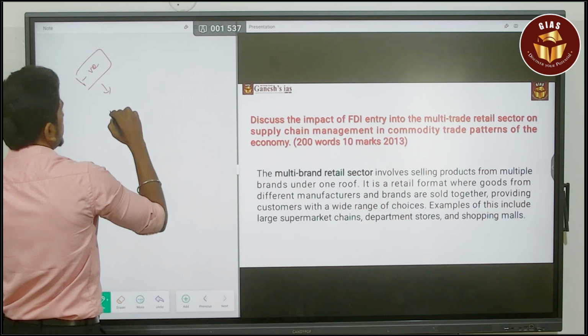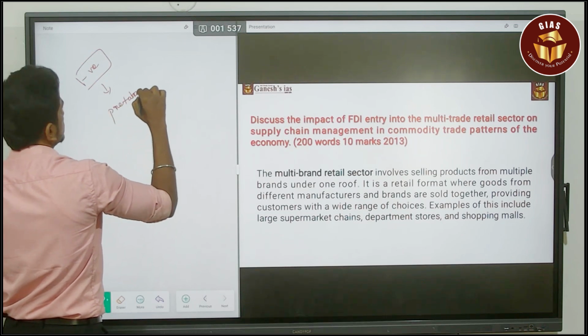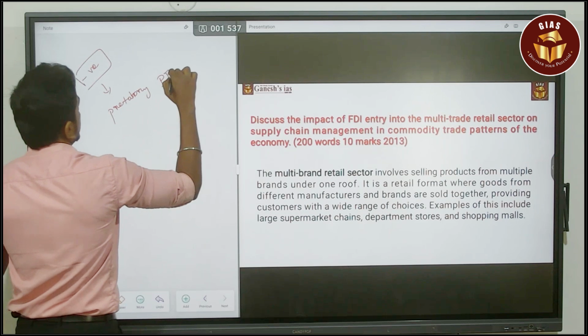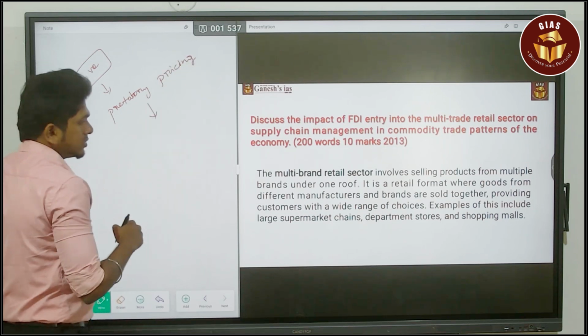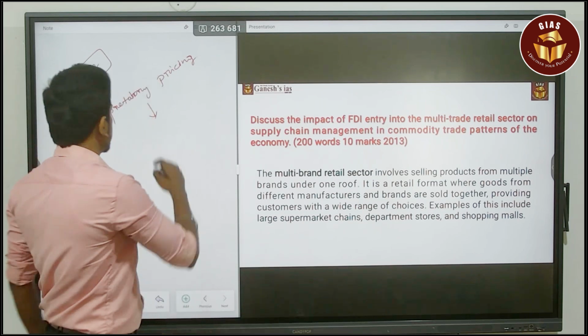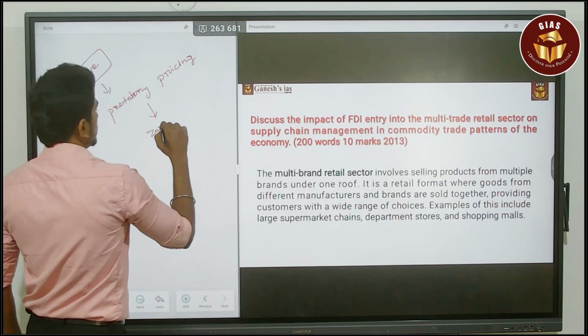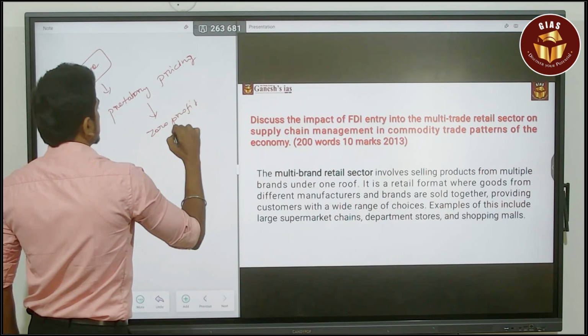The first major negative is predatory pricing. Predatory pricing is nothing but selling goods at zero profit or less than the profit, for example, zero profit or with a loss.